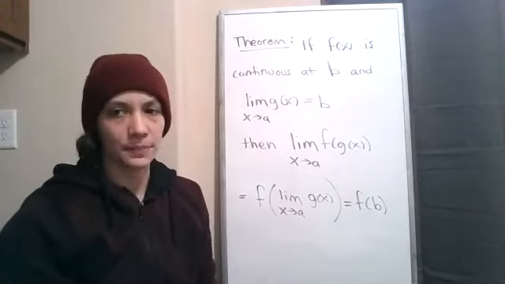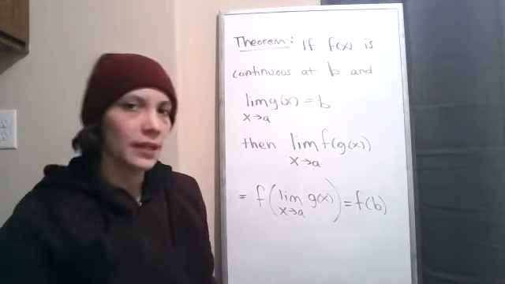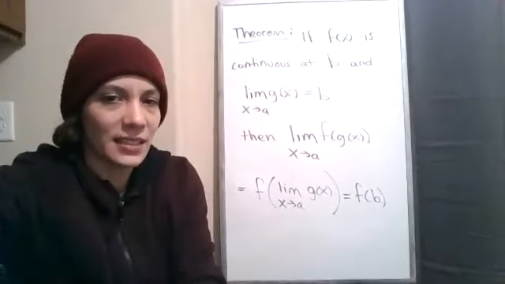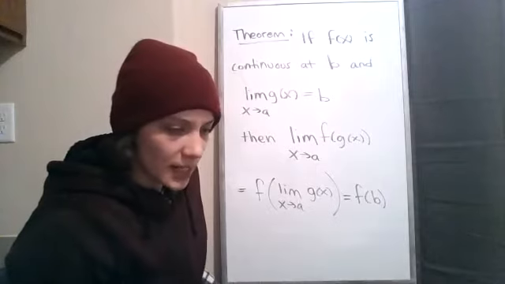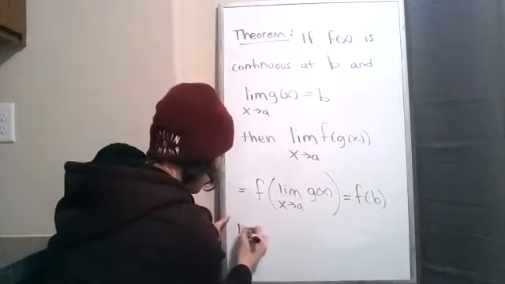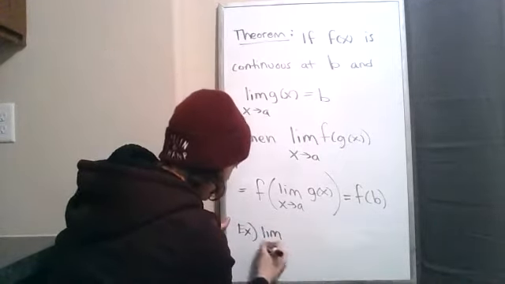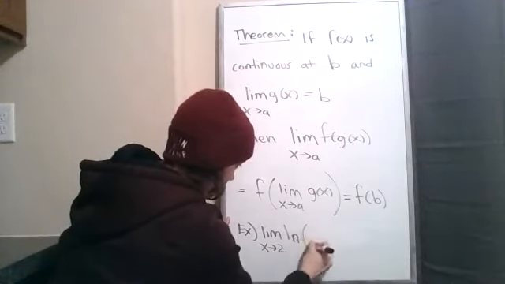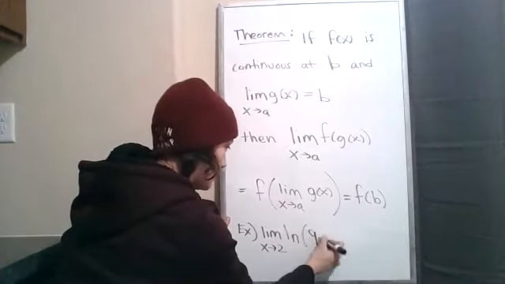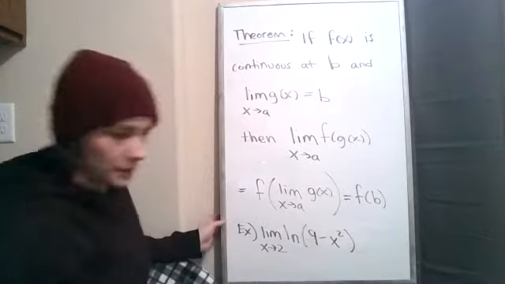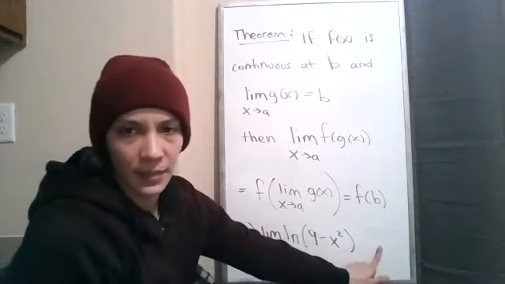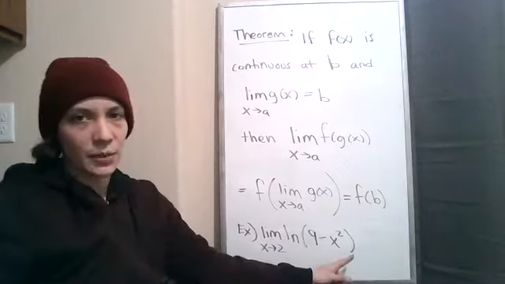And now we can practice examples. First example: the limit as x goes to 2 of ln of 9 minus x squared. So what we'll do is ln of the limit as x goes to 2 of 9 minus x squared.